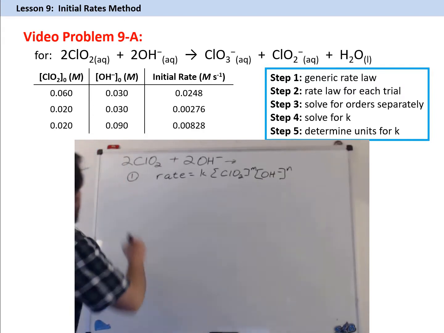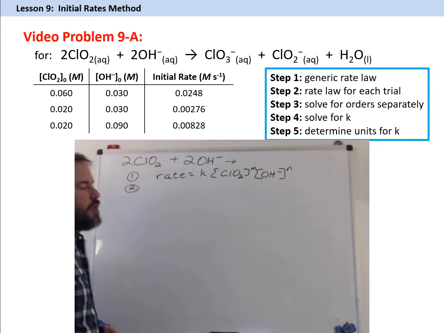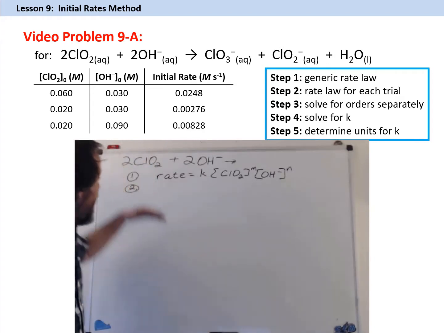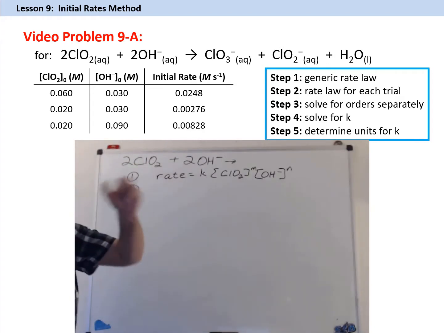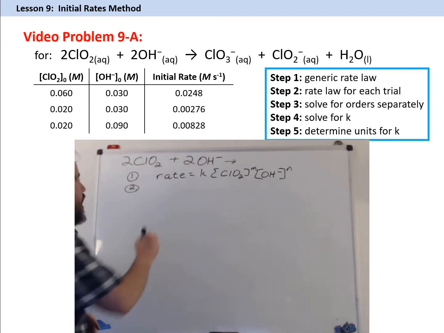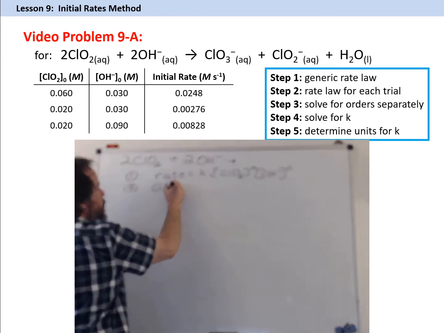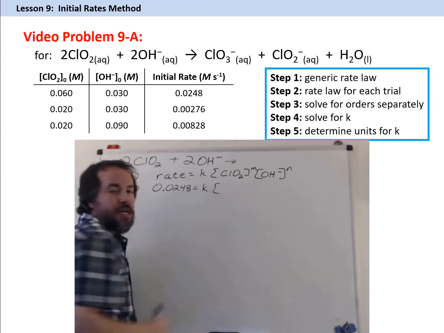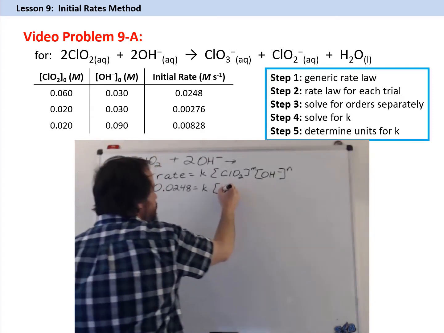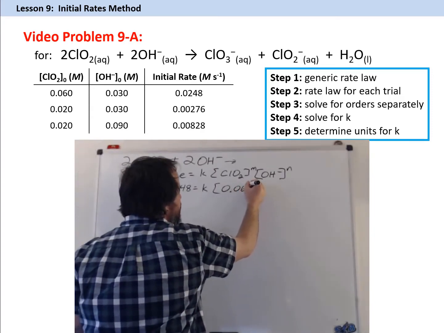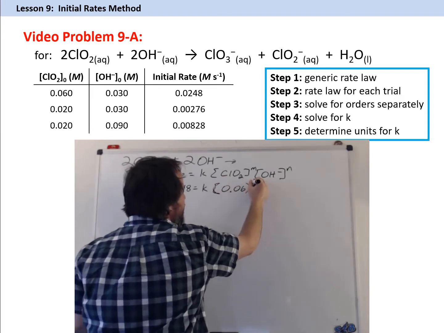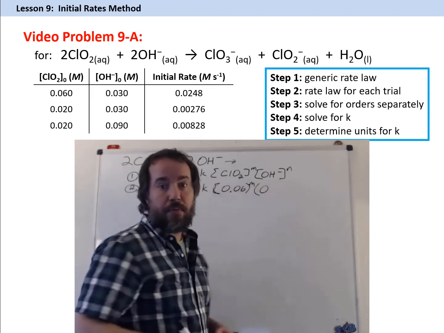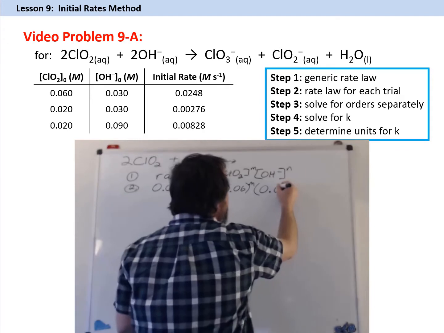All right, step 2. We use our 3 trials to rewrite this. So 0.0248 equals K times 0.06 to the m times 0.03 to the n.